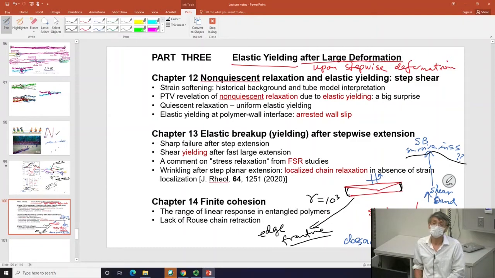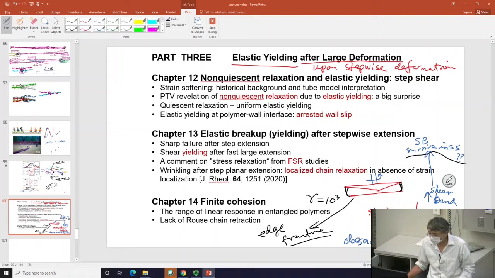Therefore, the simpler experiment, of course, is not to shear forever, but just to make a stepwise shear. For example, you may just shear by moving your upper plate 3H to the right and hold it. That's a much simpler story. You can avoid this edge effect.